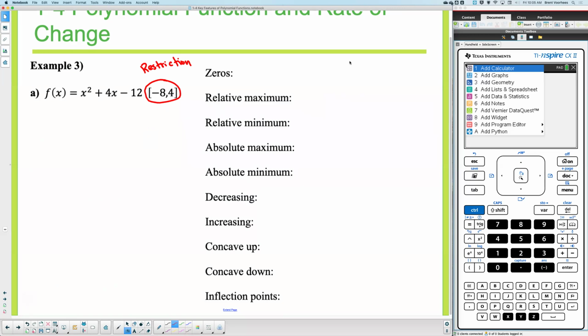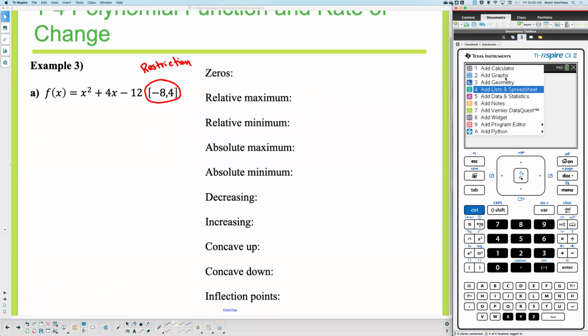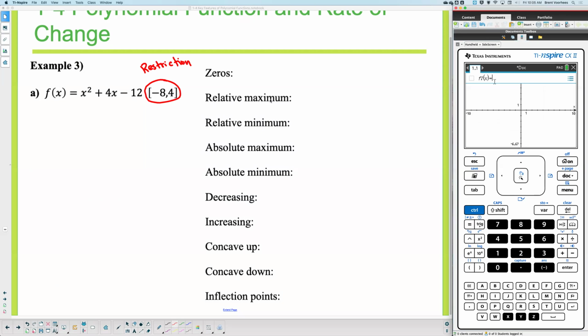So here's how we do that. Open up your calculators. I want you to go to New Document. Don't save if it asks you, and then go to Add a Graph. We're going to type in the equation x squared plus 4x minus 12. Don't press enter.